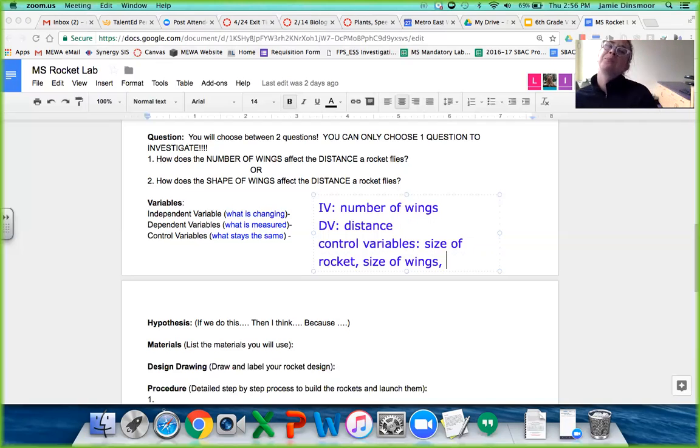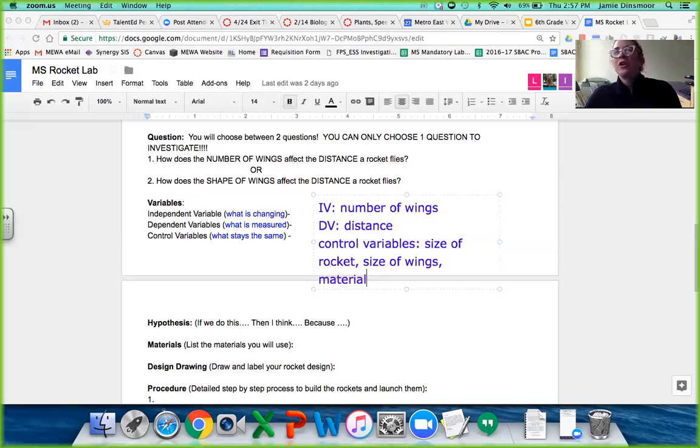What else? I would say material, right? We're not going to make some of the wings out of fabric and some of them out of paper, right? We're going to make them out of the same thing.